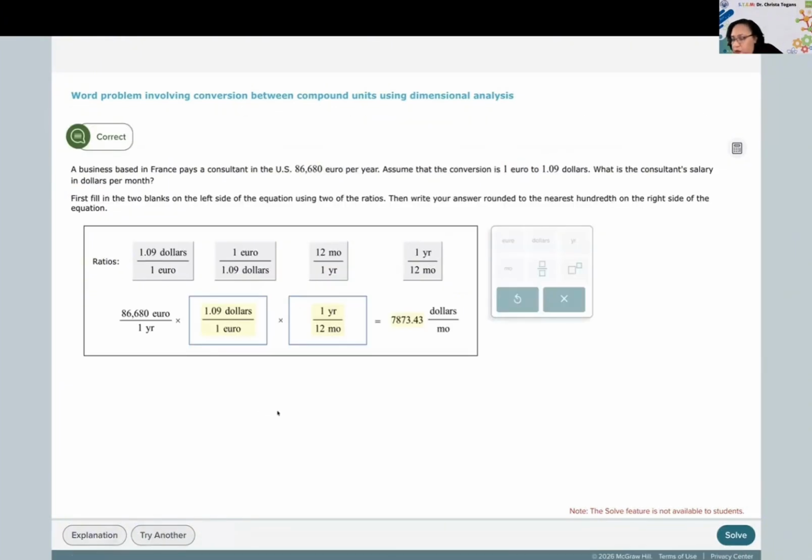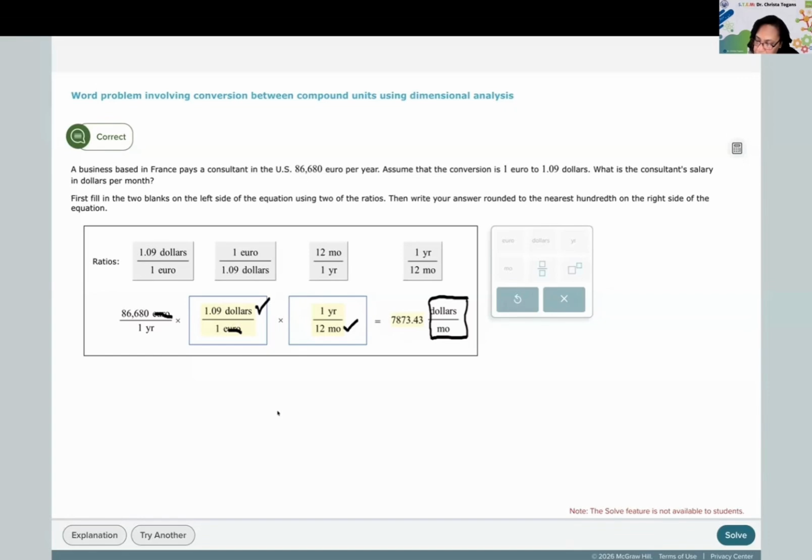All right, so let's review that. So this one was a little bit tricky. So we want to make sure that we cancel out the euro, but then I know that I want dollars per month. So the only conversion would be that I have dollars left here and I'm multiplying by 1, so the 1 is not going to affect the number, but I'm dividing by 12 months.